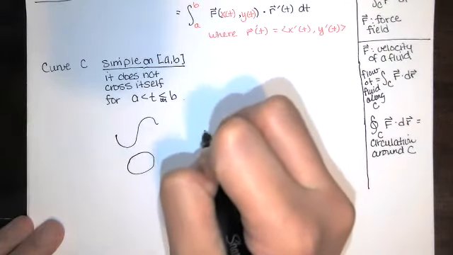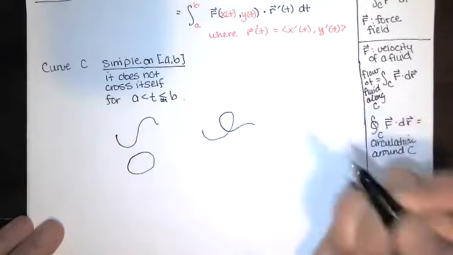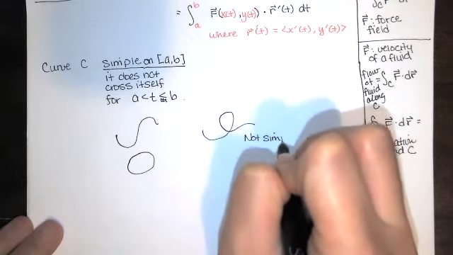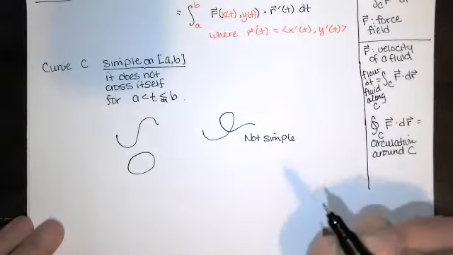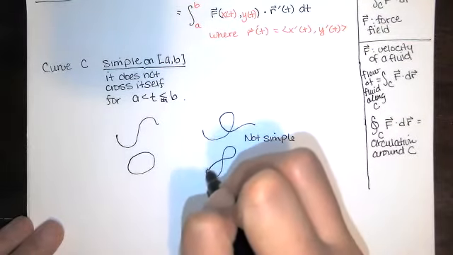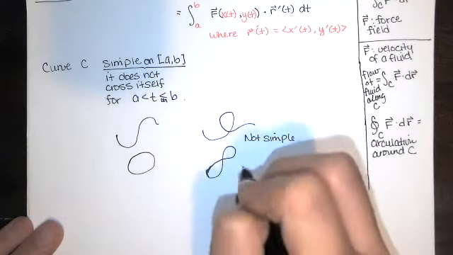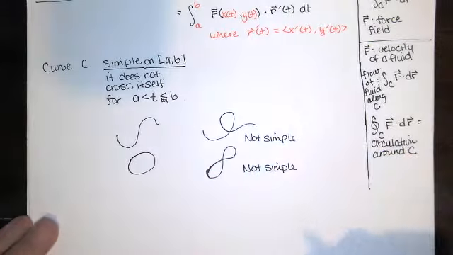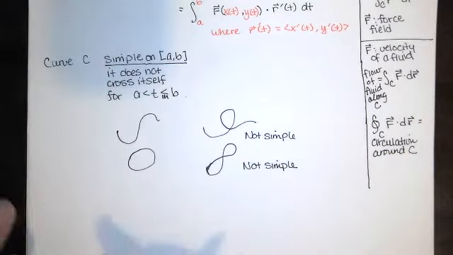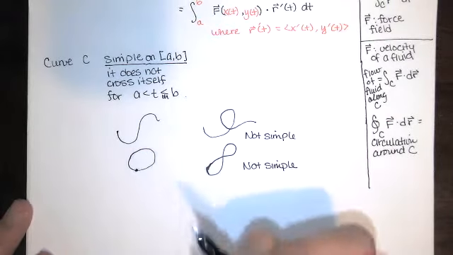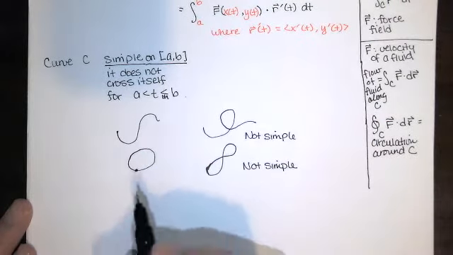Here's a curve that's not simple, because it crosses itself right there. There's a closed curve that's not simple. And a closed curve is just a curve where x of A, y of A, and x of B, y of B are the same.